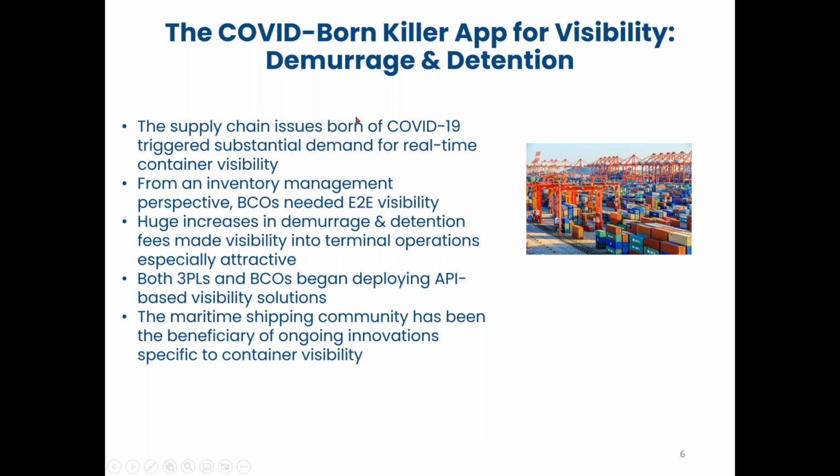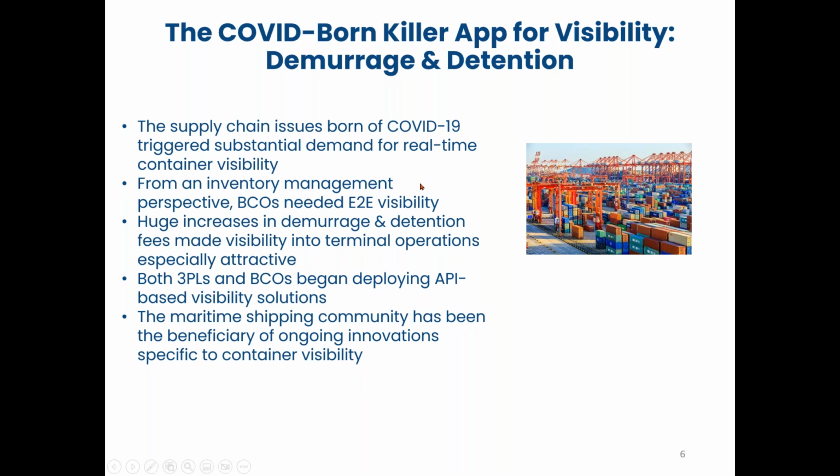With that said, the first bullet, the supply chain issues born of COVID-19 really contributed to the substantial growth in demand for real-time container visibility. We break that visibility down into two components in these second and third bullet points.